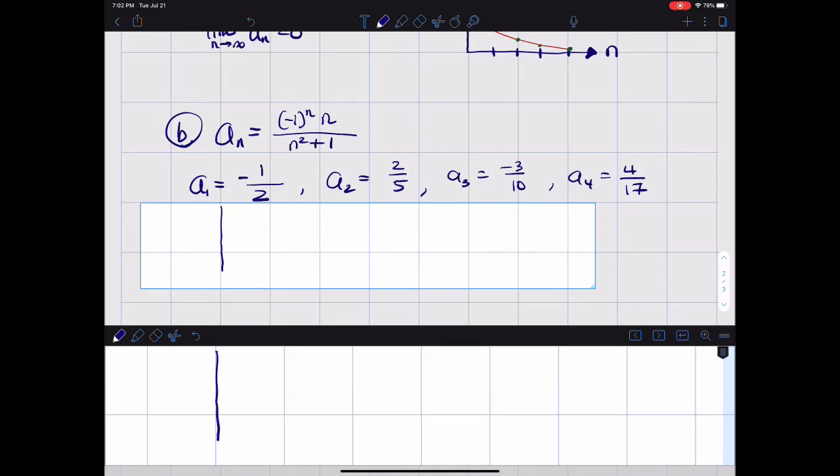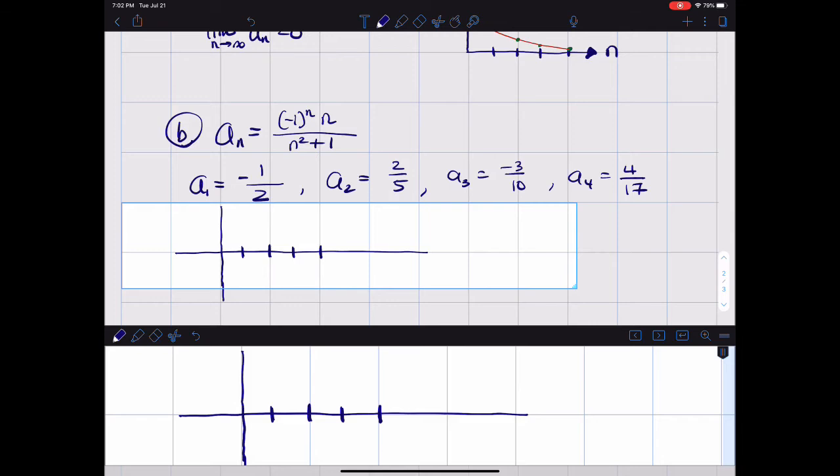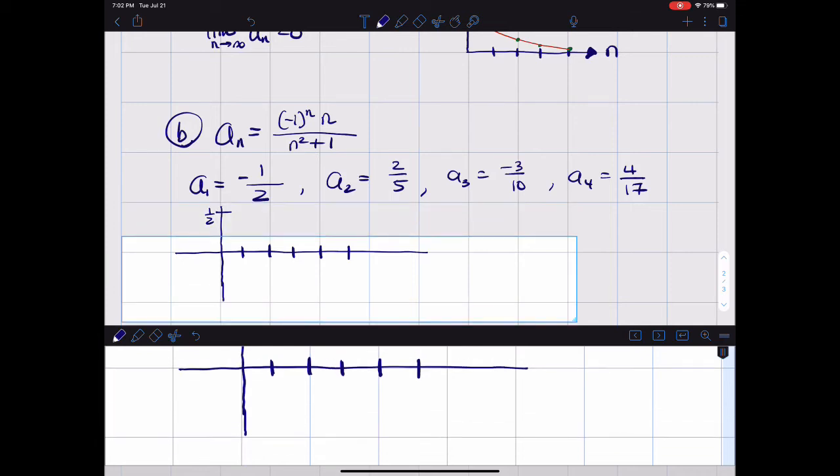But let's try to sketch it. Let's try to plot the points. This is 1. Let's do 1 here, 2 there, 3, 4. Let's see how it's going. And maybe 5. So let's put 1/2 here, and then let's put -1/2.